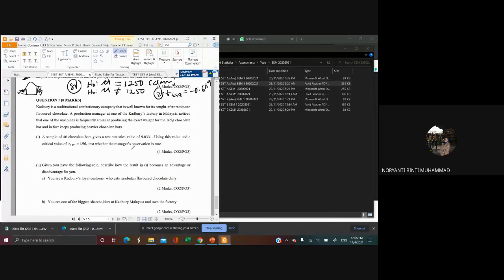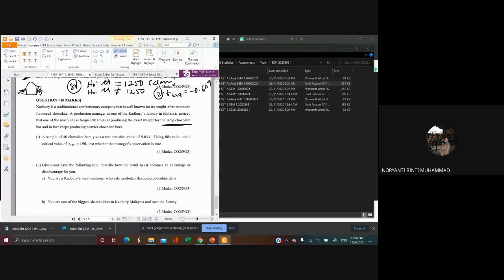A production manager at one of the Cadbury factories in Malaysia noticed that one of the machines is frequently amiss at producing the exact weight of 165 gram chocolate, and in fact keeps producing heavier chocolate bars. So there is one machine with a problem. It should produce 165 gram chocolate bars, but it keeps producing heavier chocolate, maybe 200 grams. Okay. Alright. Question number 1.